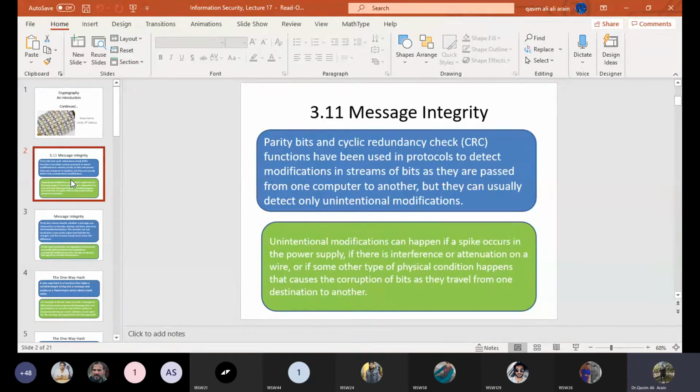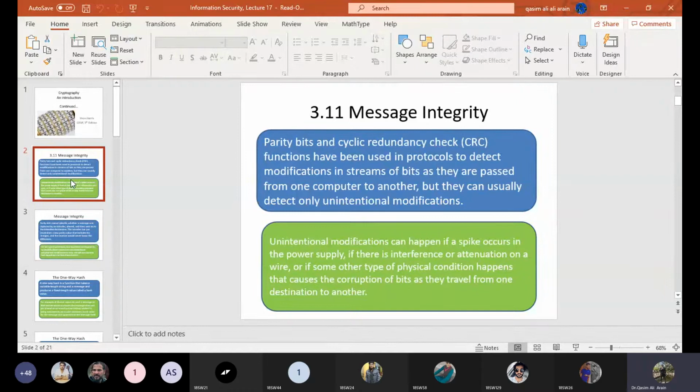This type of mechanism is called cyclic redundancy check, applied at the sender, at the receiver, and during the transmission of the message. We have already discussed that in our computer networks class in our last semester, and this is going to ensure the integrity of the message, meaning no modification has been made by some unauthorized person.